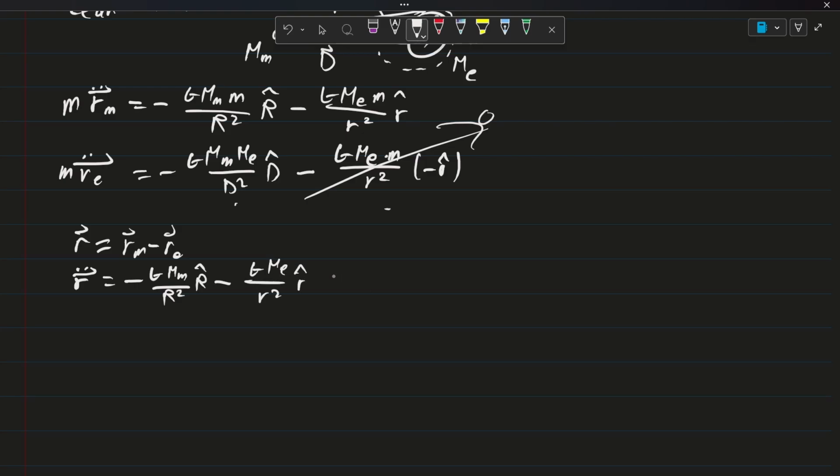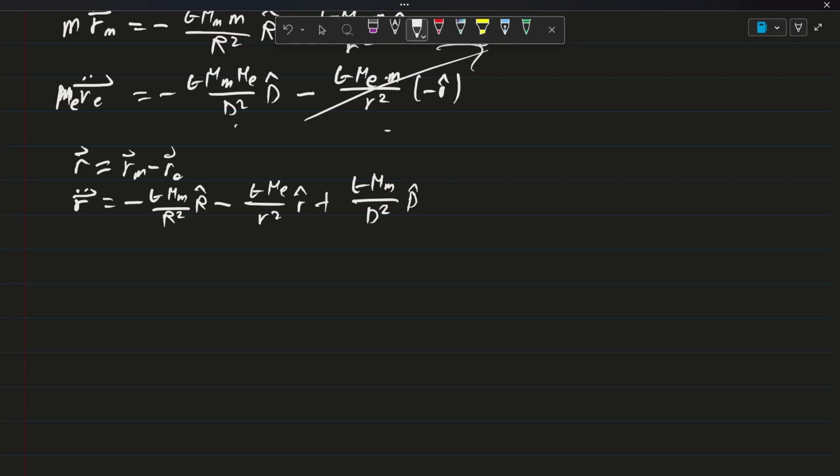And for the one on the Earth, it's going to be positive G, the mass of the moon divided by d squared in the d hat. And so if we group each of these, we can see that this is actually the force because of the Earth.